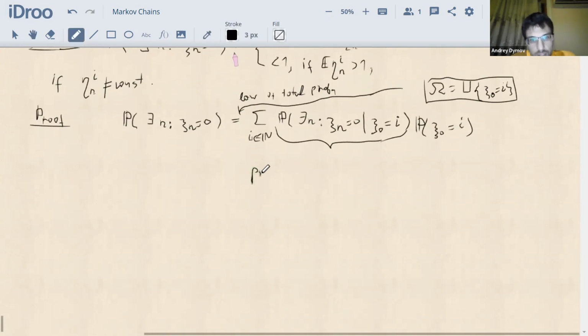This is a probability of extinction. This is вымирание. Вероятность вымирания. Probability of extinction of a population which starts from size I.